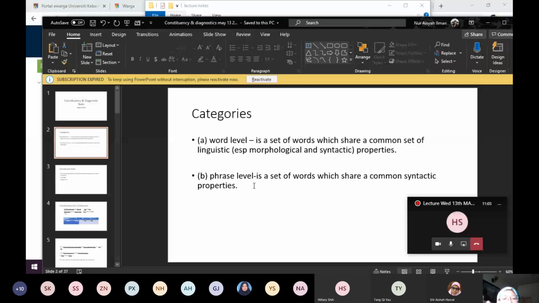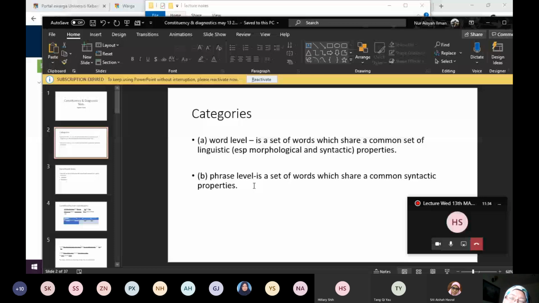Okay, the second level of categories is the phrase level. So the phrase level is a set of words which share common syntactic properties, meaning that noun phrase. So what is in the noun phrase? You will find that the noun phrase will usually have a core element, which has a nominal. So the noun phrase is called a nominal phrase, and the important element in the noun phrase has those nominal properties.